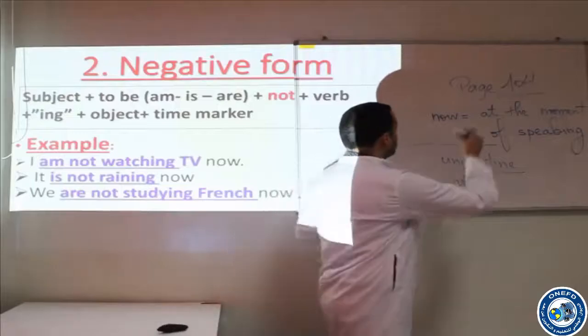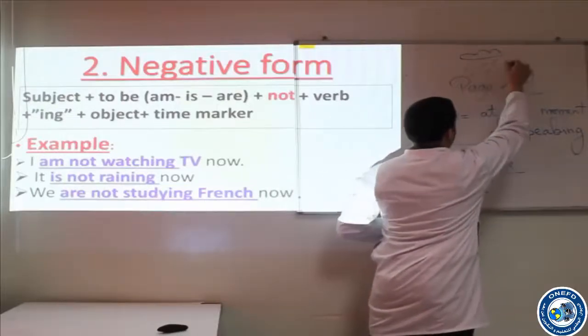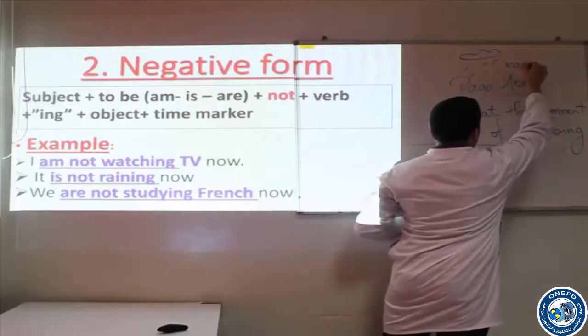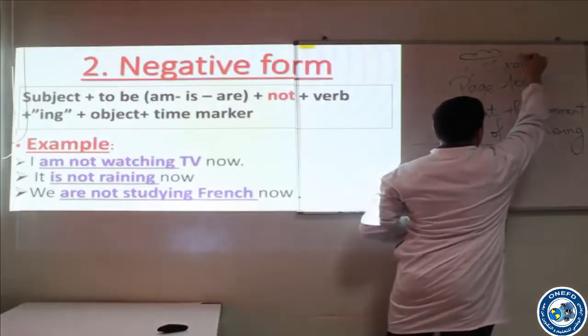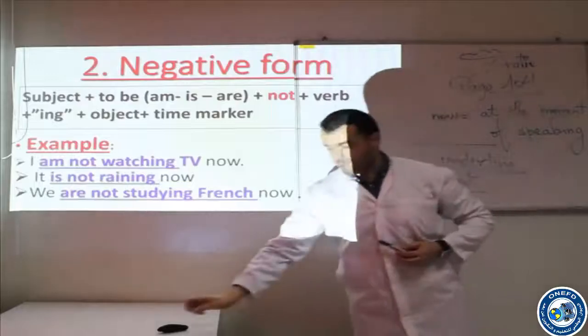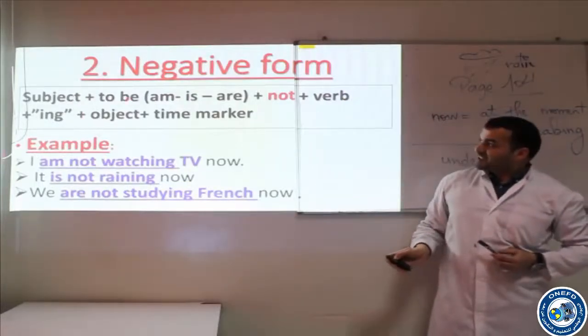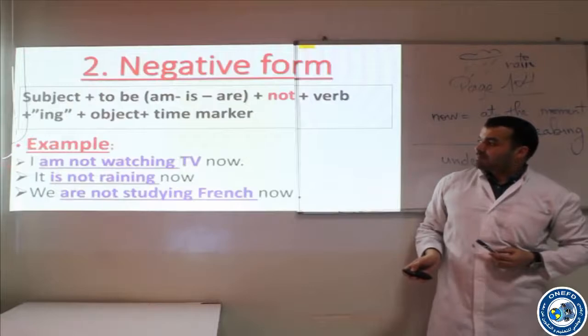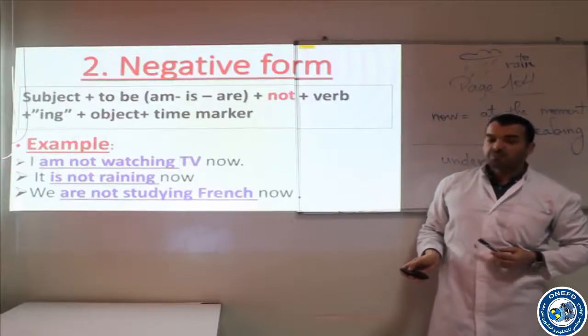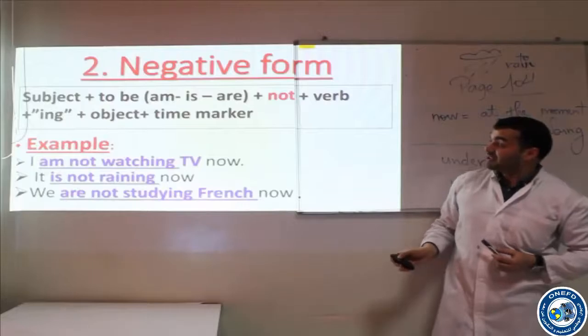It is not raining now. It is the subject, to be, is, plus not, plus verb to rain, plus ing, and the time marker now.